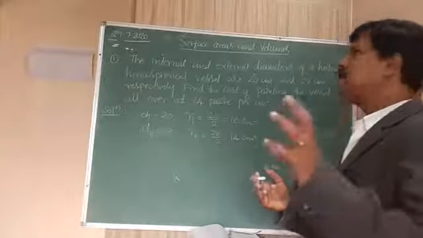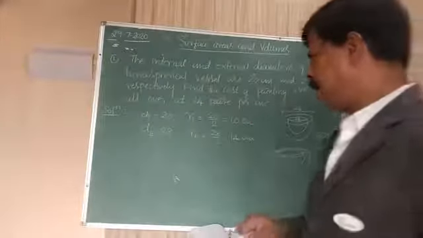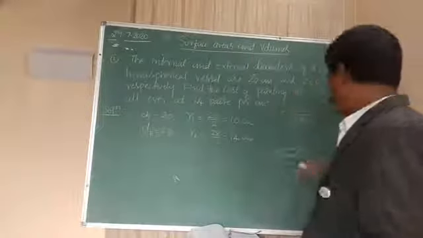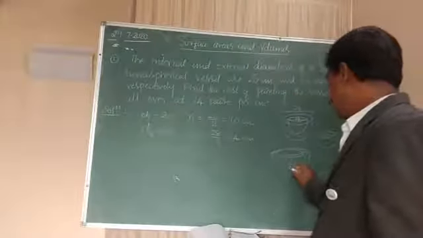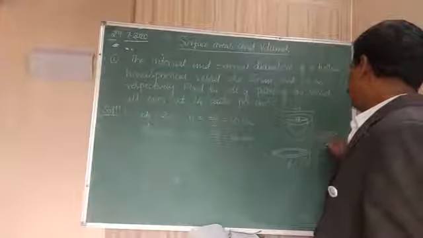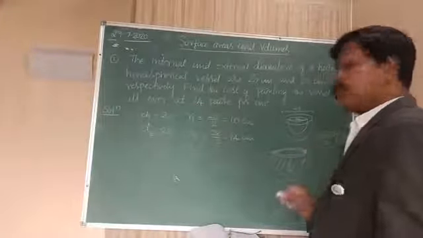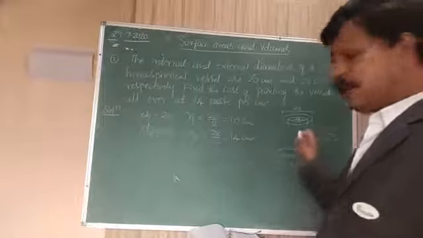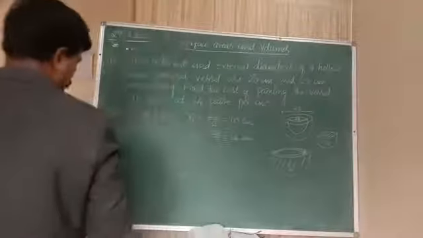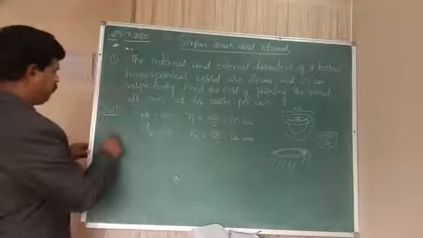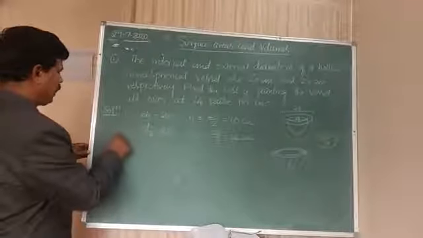So just imagine that. Now, here we have to find out three things: one is this outer area, another is the inside of this area, and the third is this rim area. So we should find out the three areas of this bowl. First, the external area.